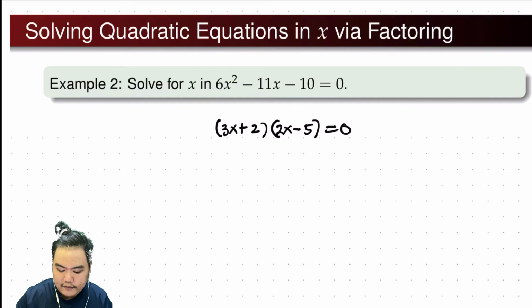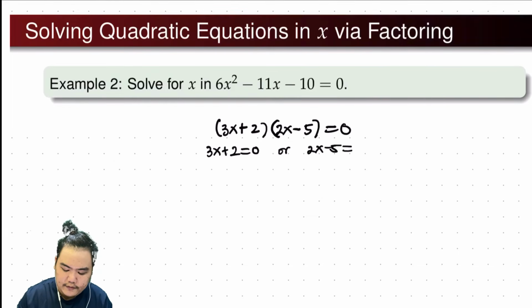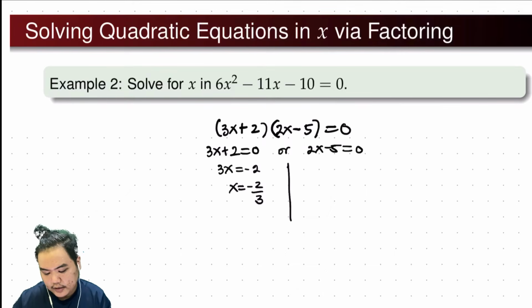Okay, so na-factor mo na, equal to 0, equate each factor to 0. So 3x plus 2 is 0, or 2x minus 5 is 0. And then, solve mo lang yan individually. So, 3x equal to negative 2, x equal to negative 2 over 3. Okay, nagiging linear lang siya.